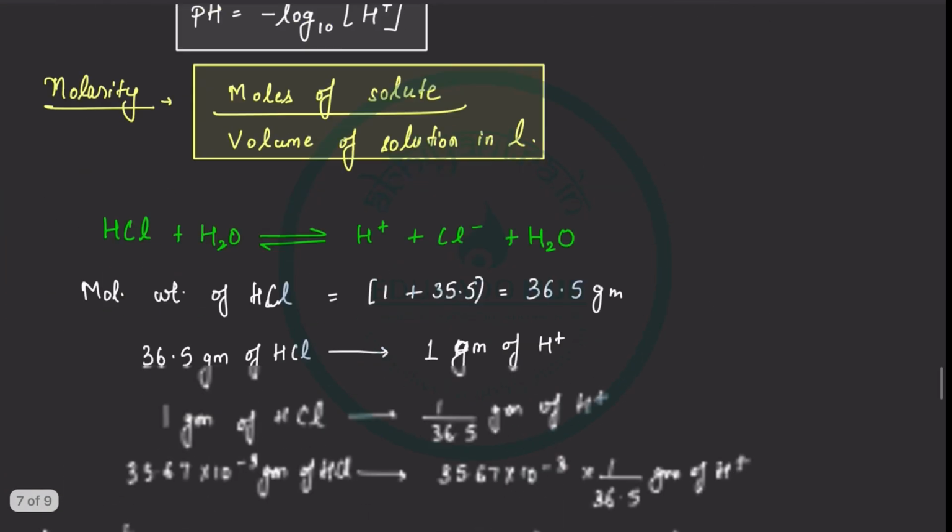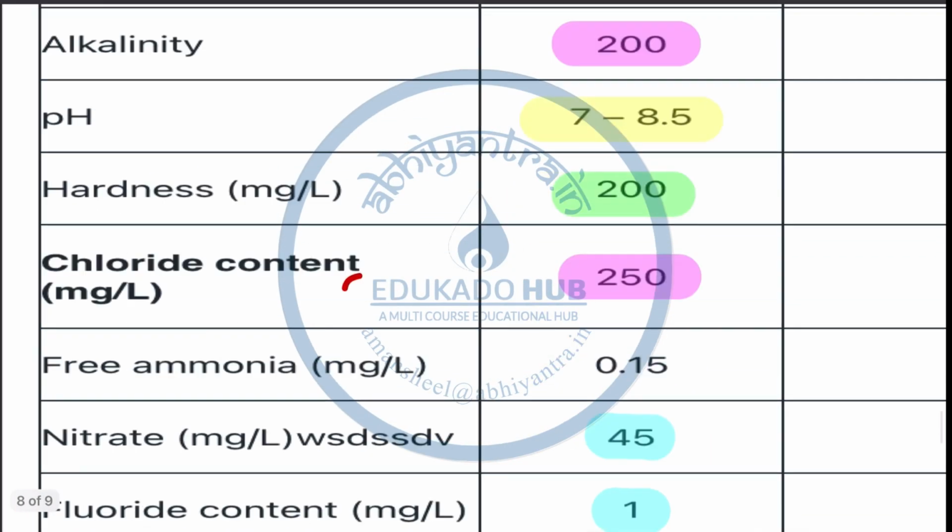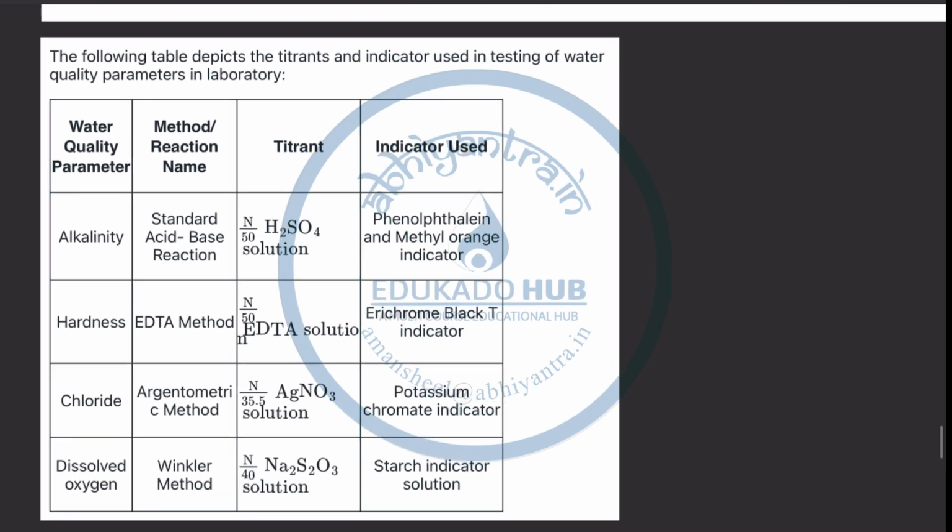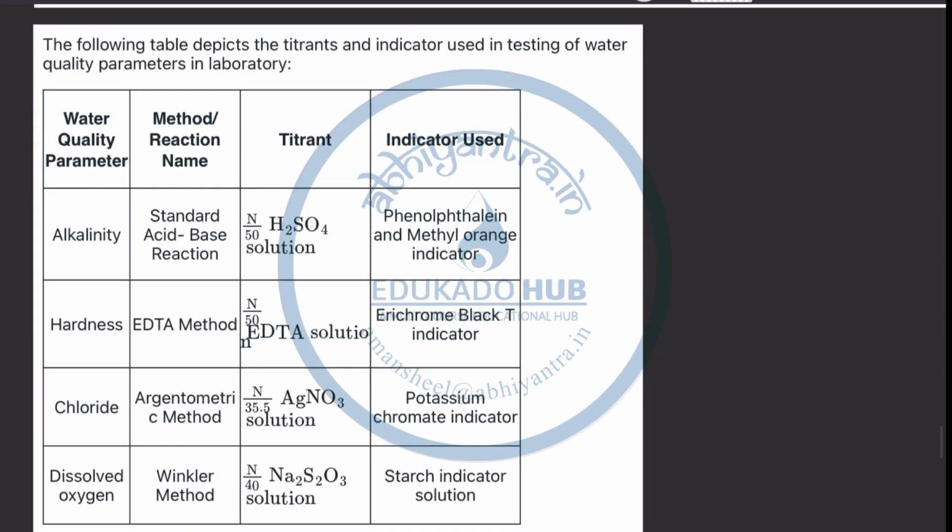So let's see a chart which we should remember, about the titrants and indicators used in testing of water quality parameters in the laboratory.